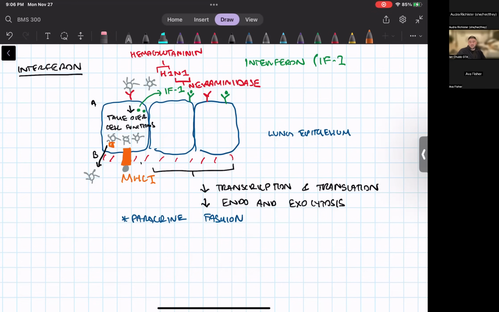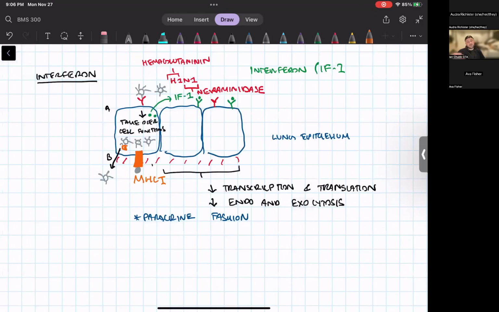Any cell in the body could have an MHC1. MHC2 is specific for only antigen presenting cells: B cells, macrophages, dendritic cells, cells that will present an antigen will have an MHC2, but they could also have an MHC1.